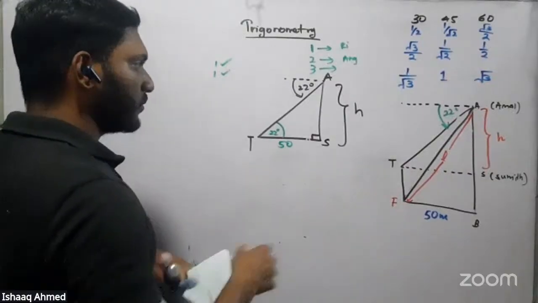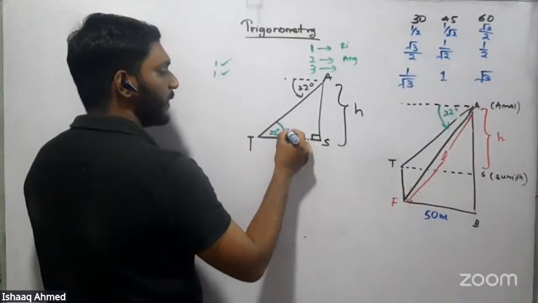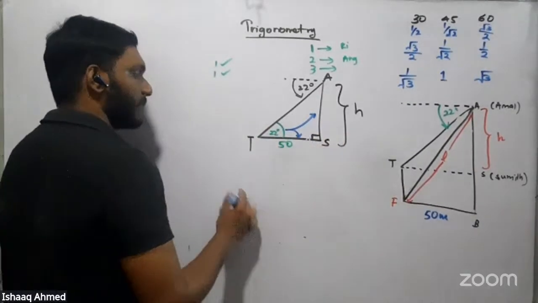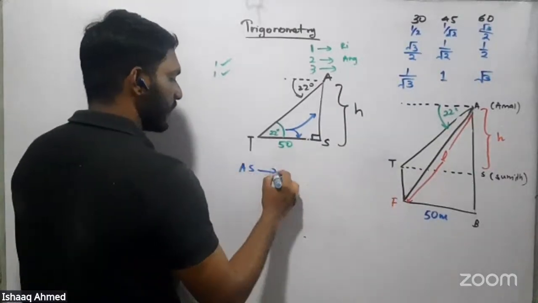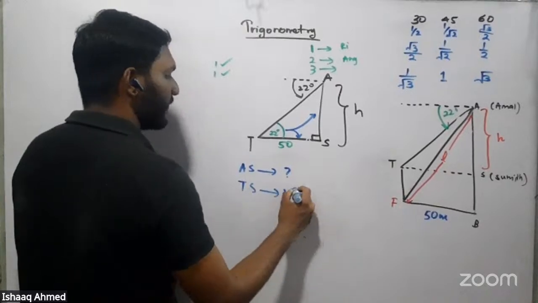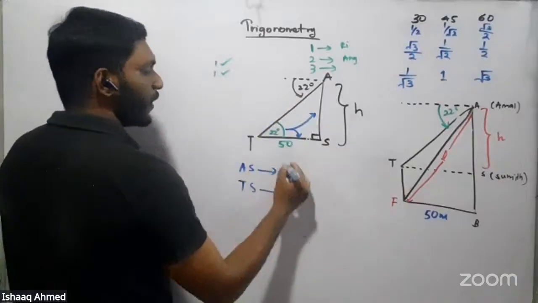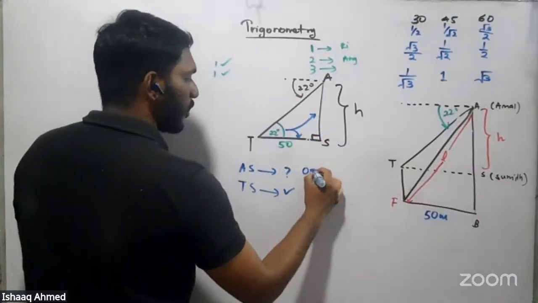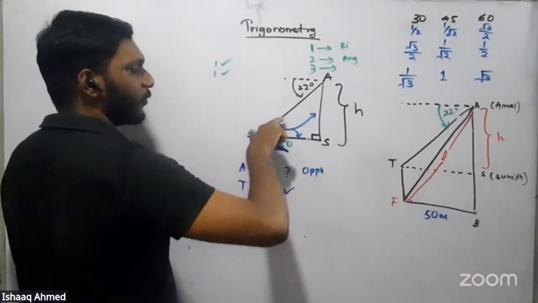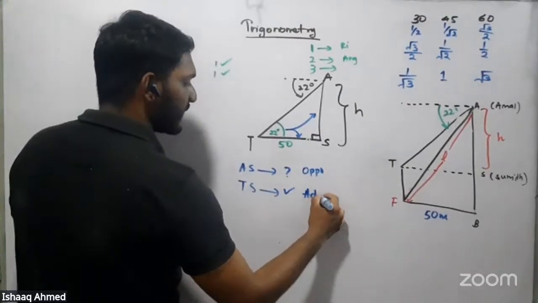Now tell me what to do. You have to look from 22. If you look from 22, these are the two things. AS, they are asking. TS, they've given. For 22, what is AS? For 22, AS is opposite. For 22, what is ST? Adjacent.